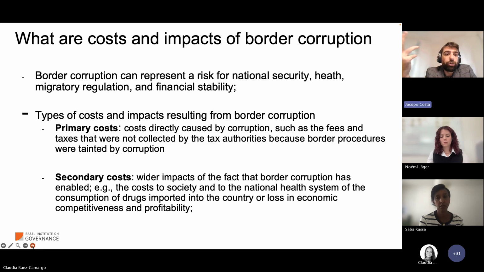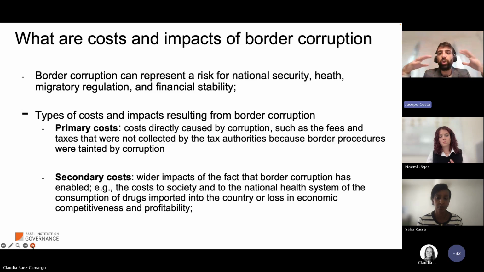But we can also have secondary or indirect impacts, like those effects that come from, for example, the cost for society or the national health system because of drug consumption that is facilitated by corruption at borders, or a loss in competitiveness and profitability of specific borders because of corruption or rent-seeking activity.